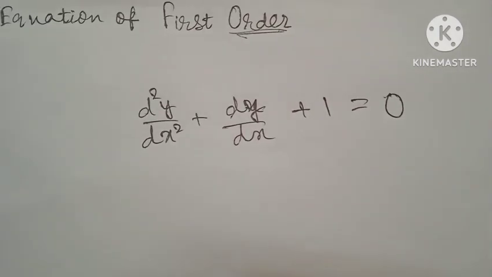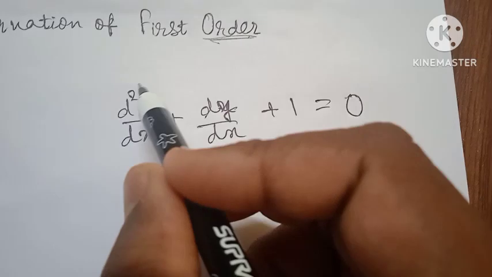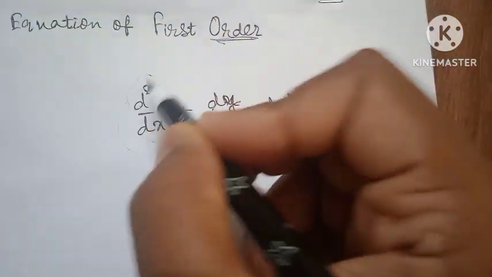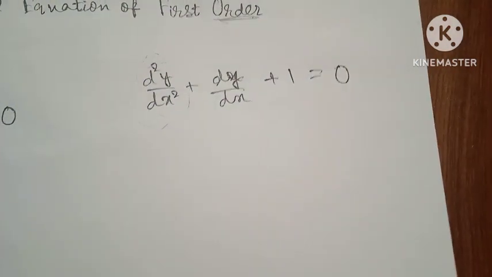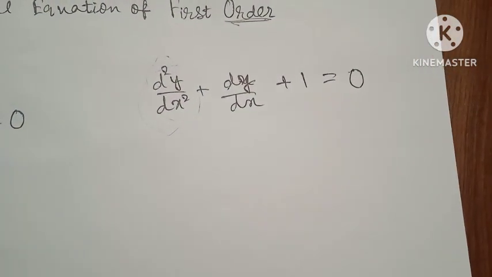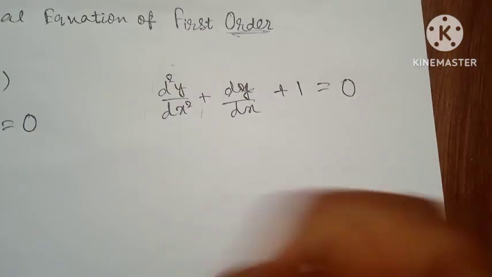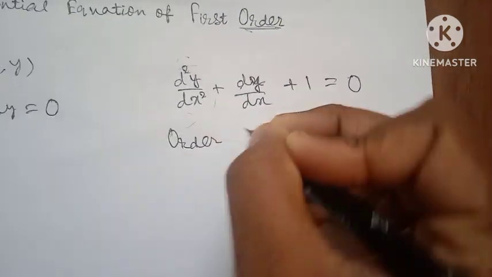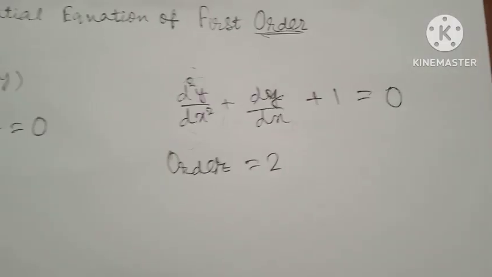Now focus on this differential equation. Here, for this equation, the highest order is 2 because it is the highest power of that differential. So the order here is 2.